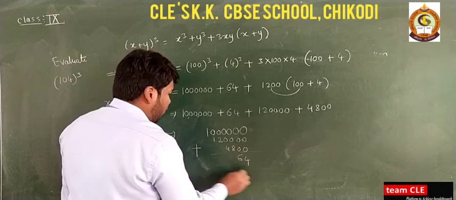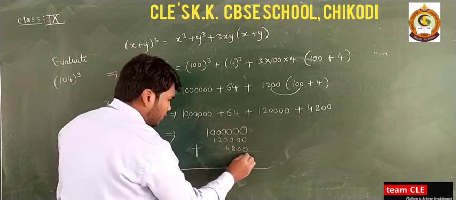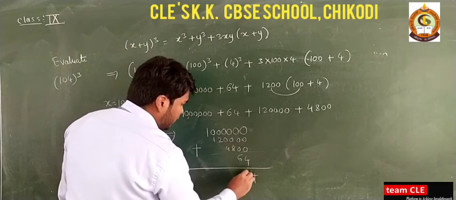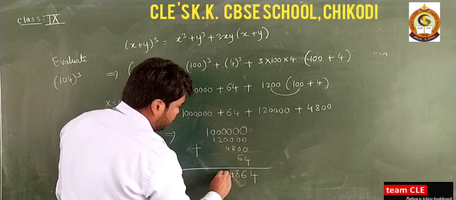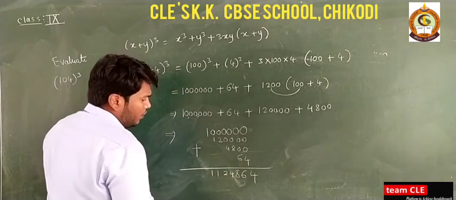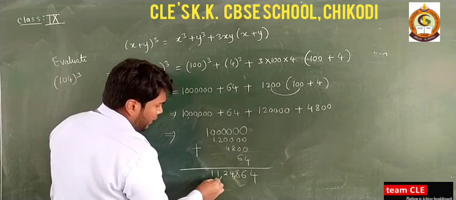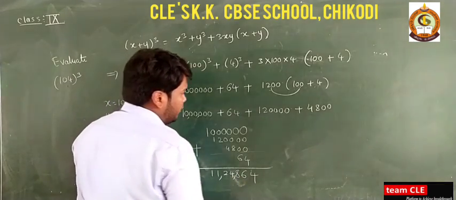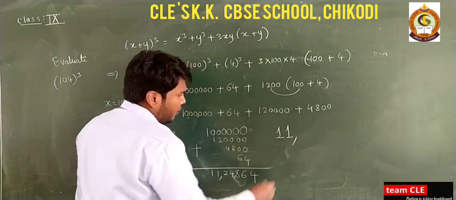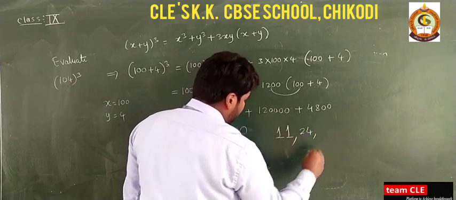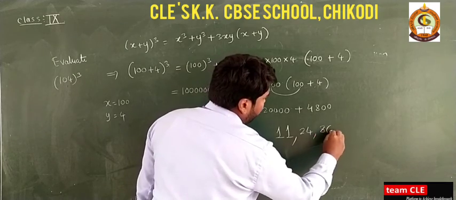It will be easy for the addition. So this is 4, this is 6, this is 8, this is 4, this is 2, this is 1, 1. Okay, so this will be 11,24,864. The answer you are getting this as 11,24,864.